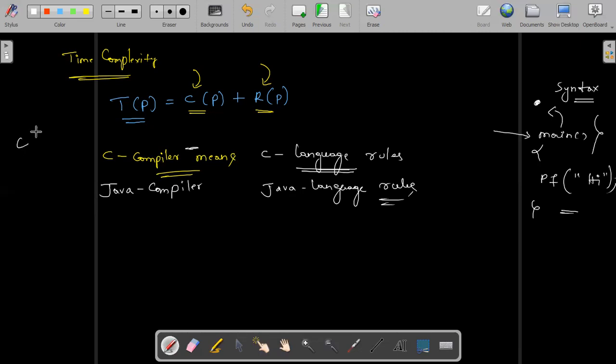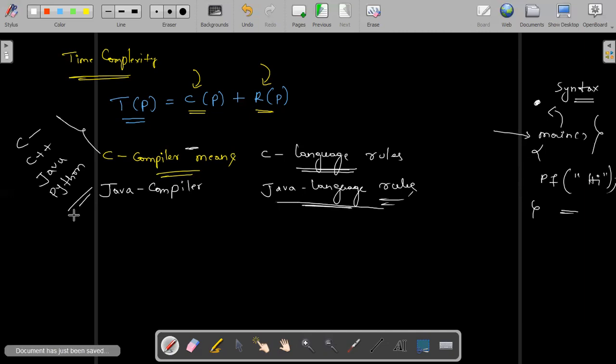C has its own compiler, C++ has its own compiler, Java has its own compiler, and Python has its own compiler. Whatever language you learn, that language is compiled in that particular compiler. That is why I said this line: it's language rules. Clear?